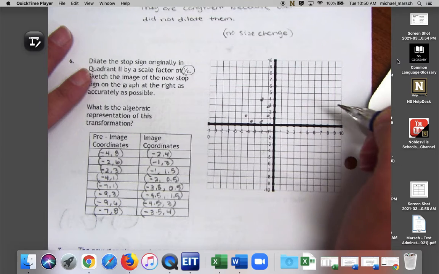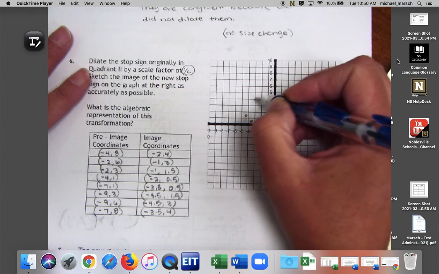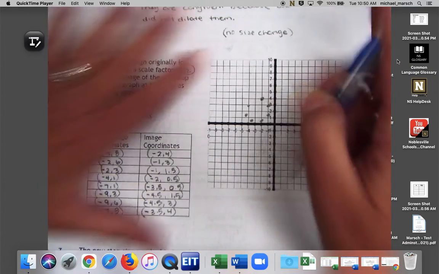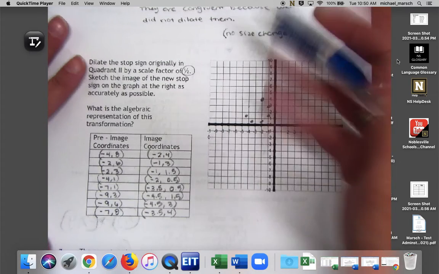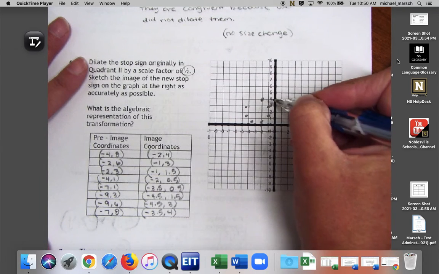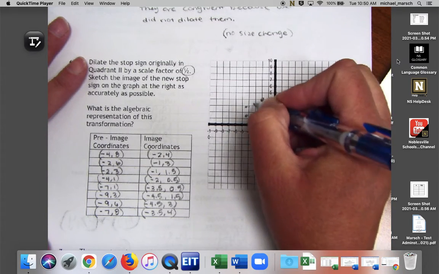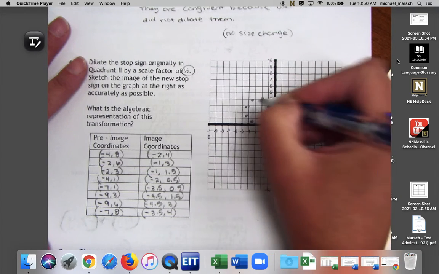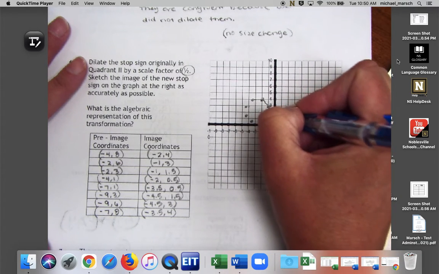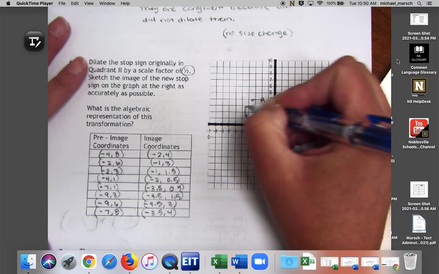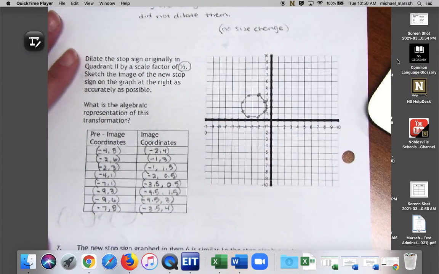Look at this teeny tiny little stop sign. -4.5, 3. And -3.5, 4. And then we connect them, and we just have a tiny little stop sign, right?